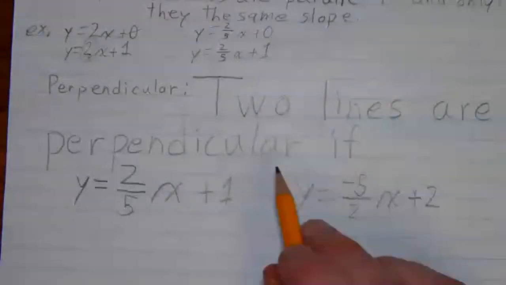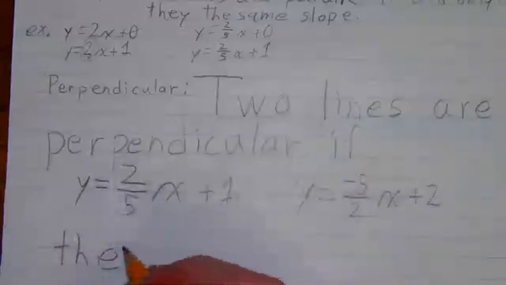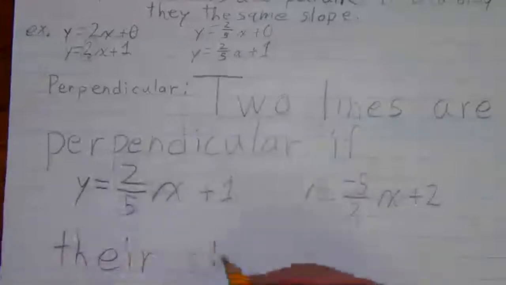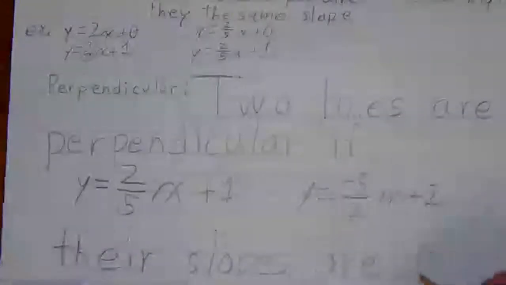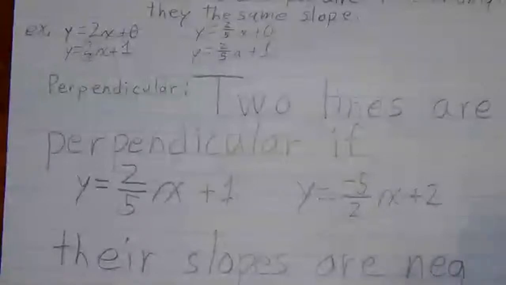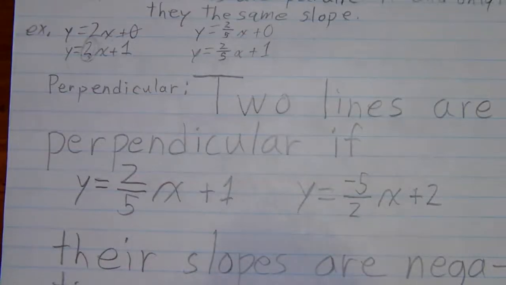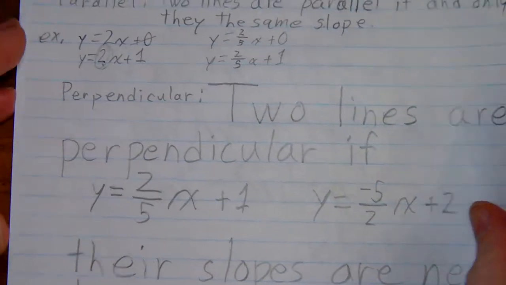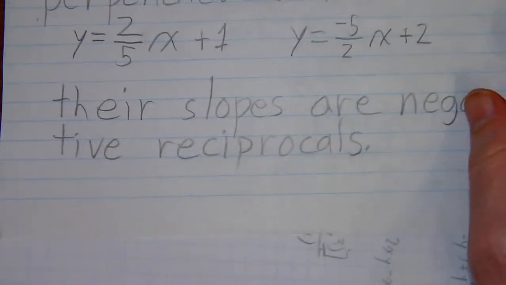So if their slopes are, and the technical term is negative reciprocals. There we go, negative reciprocals.